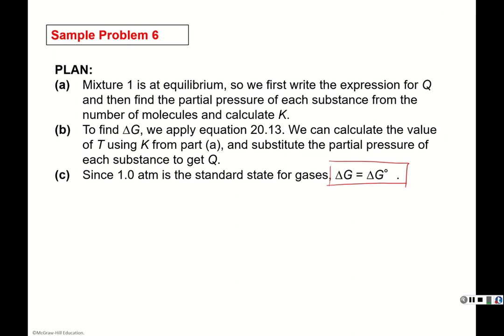If you just did the math real quick, delta G equals delta G naught plus RT times the ln of Q. If Q is 1, the ln of 1 equals 0, so this whole term would cancel out, and you're left with delta G equals delta G naught.